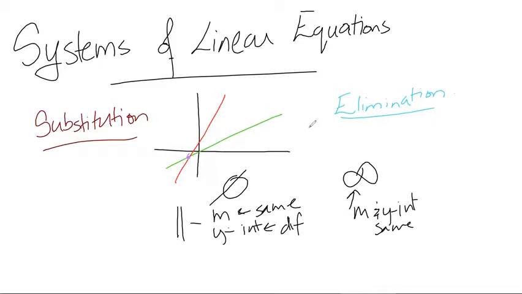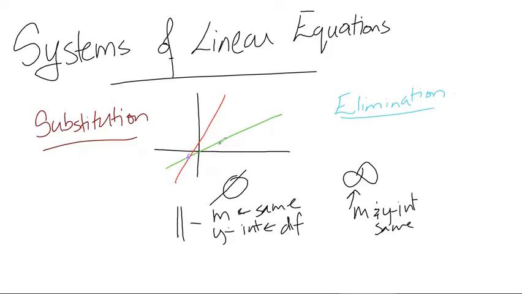In the elimination method, on the other hand, we would be multiplying one or both equations by constants, so that we would be able to add the 2 equations to eliminate a variable. And from there, we would solve for the other variable.